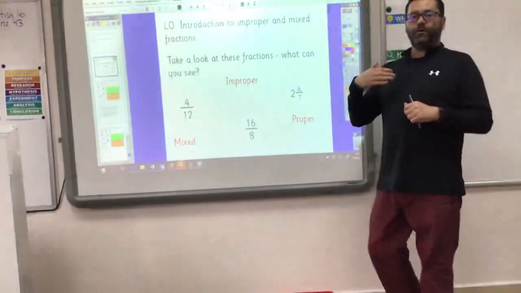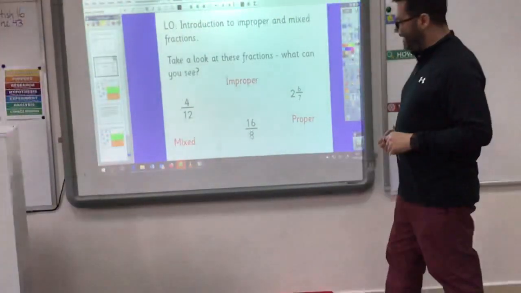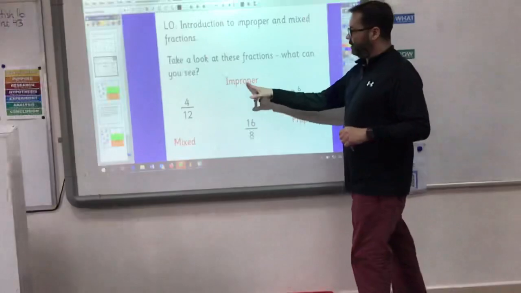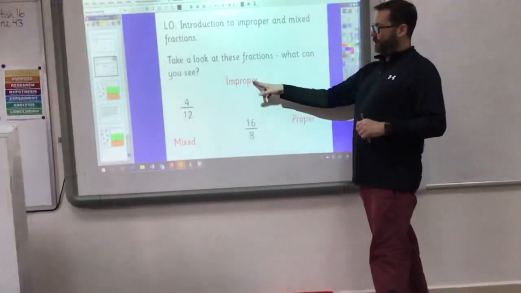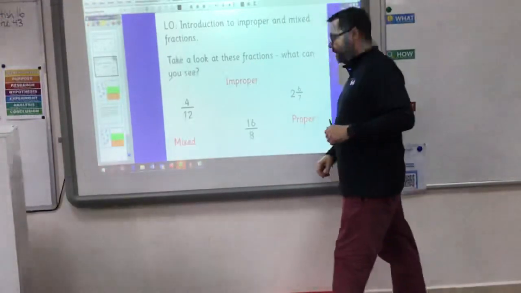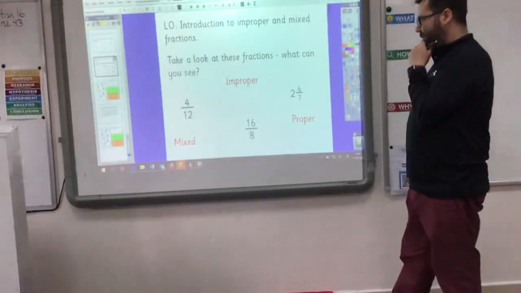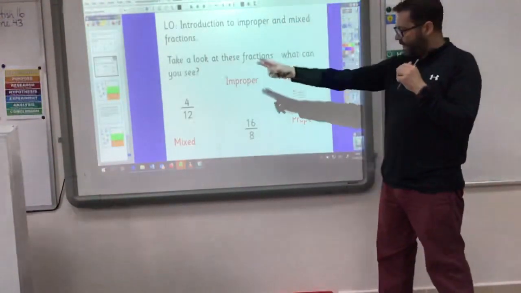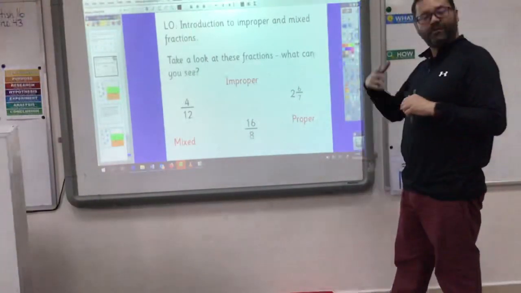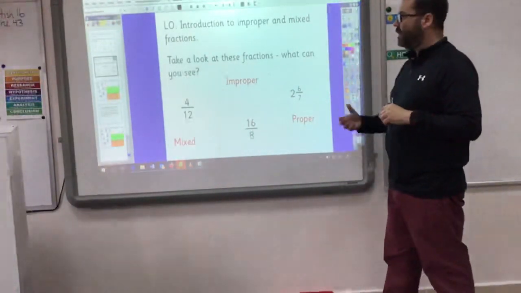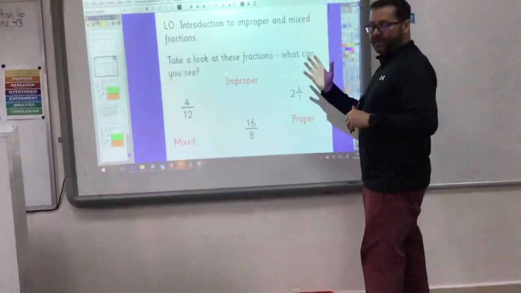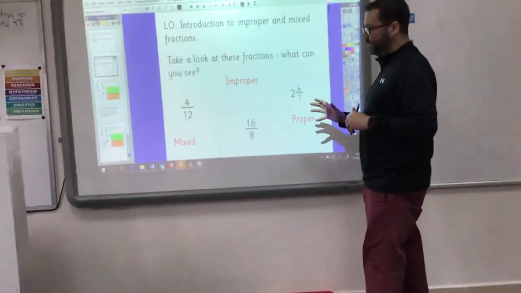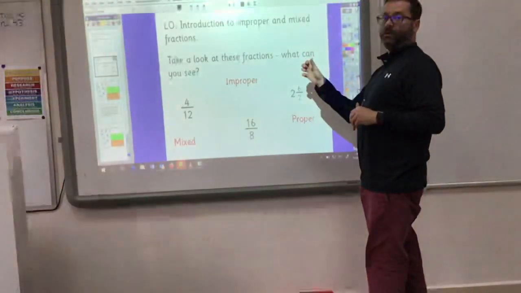Okay, so if I know that these are the names of the fraction families, proper, improper, and mixed, I can think about what I know about fractions. And the fraction that makes the most sense there, the one fraction that I've seen before, is the fraction with only a numerator and only a denominator, and the numerator is smaller than the denominator.